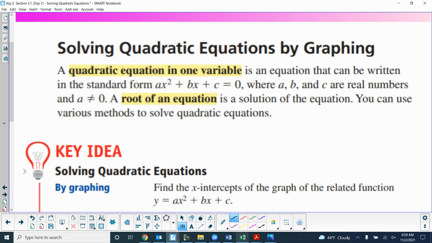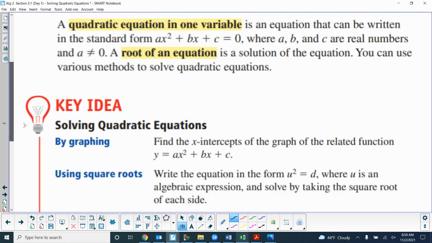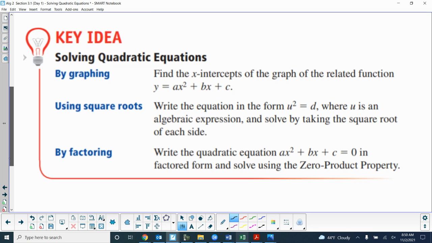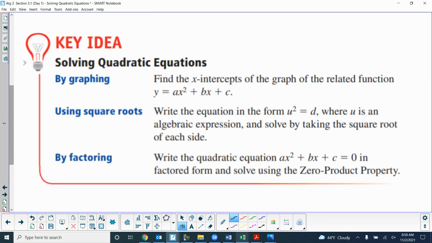So sometimes they'll ask you for the roots of the quadratic equation. They're just asking for the solutions. It says you can use various methods, all right? So we can graph them, we can use square roots, and we can factor them, all right? So we're going to concentrate on factoring and this using square roots today. We'll talk about the factoring more tomorrow.